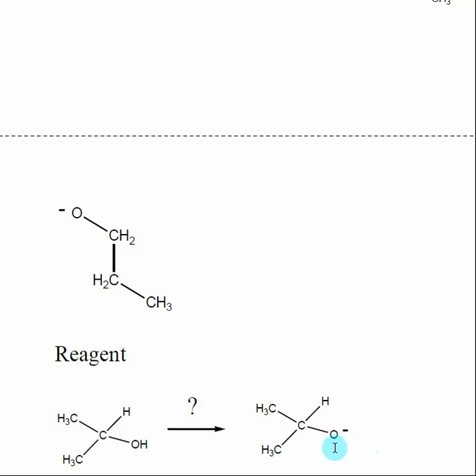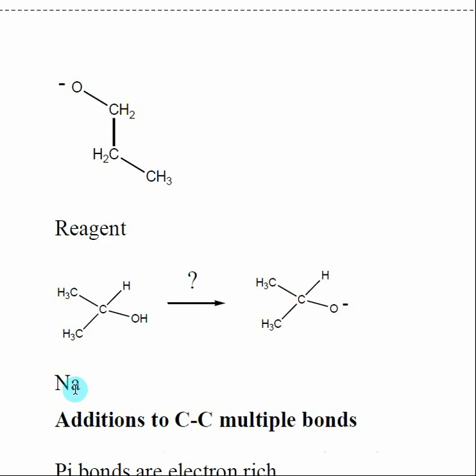So here I'm forming an alkoxide. I only know one way to form an alkoxide, that's by reacting an alcohol with sodium. But this is part of organic chemistry. I need to be familiar with these reactions. I need to understand what reagent I need to cause this conversion. So here sodium would be the answer.